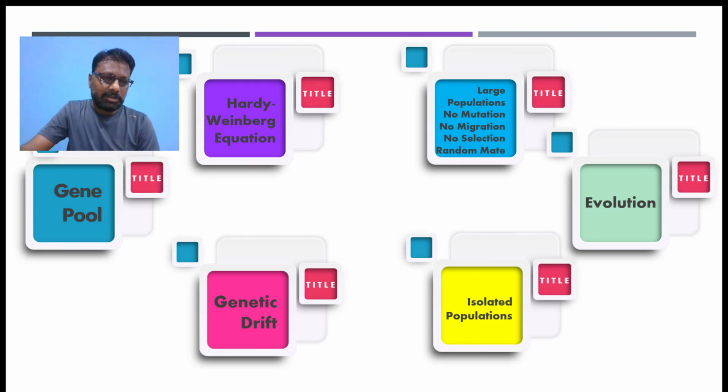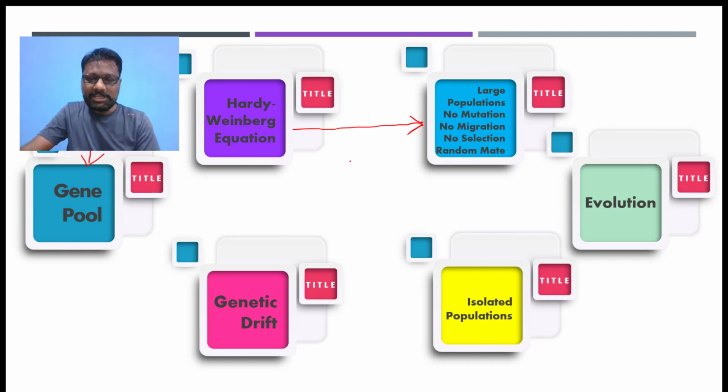The total number of genes present in a population, we call it a gene pool. The gene pool will always maintain equilibrium when there are no evolutionary forces taking place: the population should be large, with no mutation, no migration, no selection, and the mating should be random.